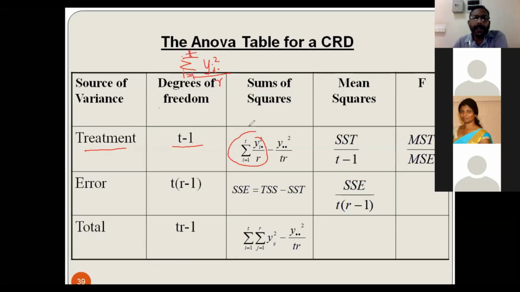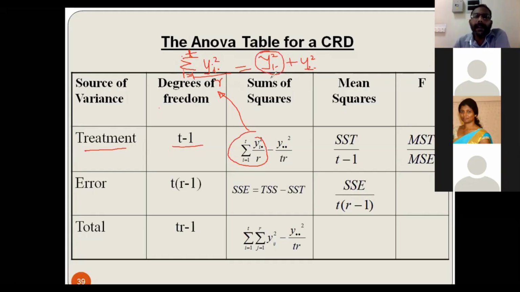So this is the formula that I am using here. So that is equal to Y1 dot squared plus Y2 dot squared.